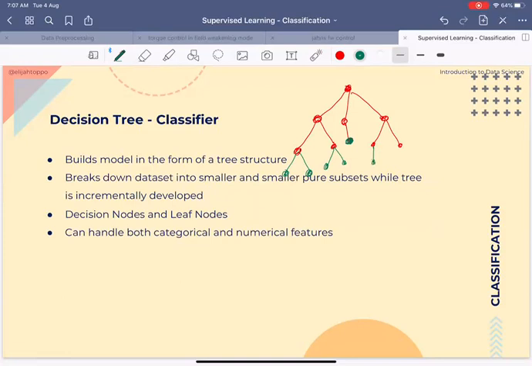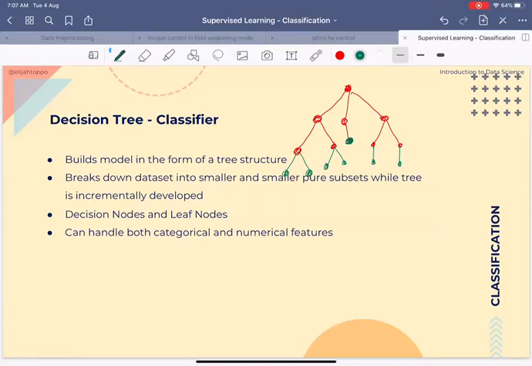So you can have either a leaf node or a decision node. A leaf node is where the tree ends for that particular path, and a decision node is where we take a decision, in terms of whether we go left or right, depending upon the situation.